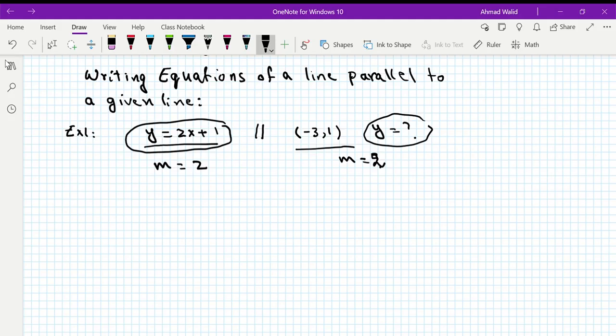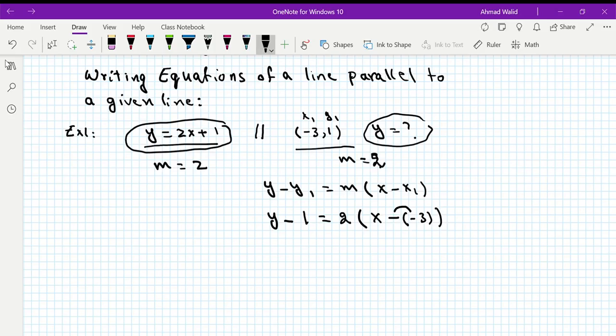Now, it gets easy because you know the relation, the slope is 2, one point is given, then use your formula. Y minus y1 equals m times x minus x1, point slope formula. This is your x1, this is your y1. You have the slope, plug in the numbers. Y minus y1, which is 1, equals m2 times x minus x1, which is negative 3.